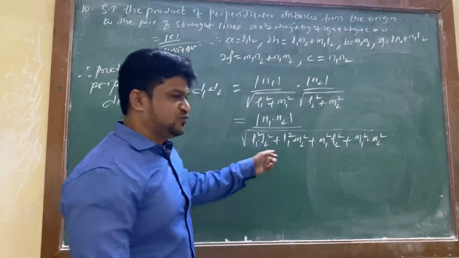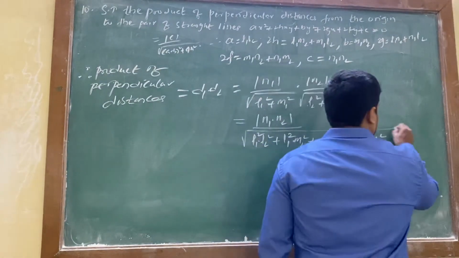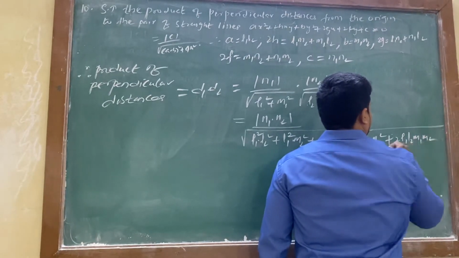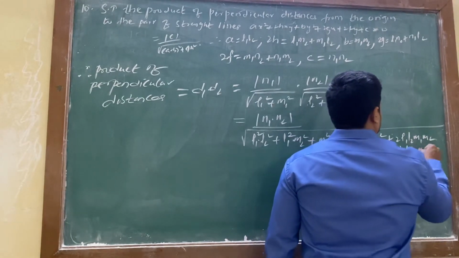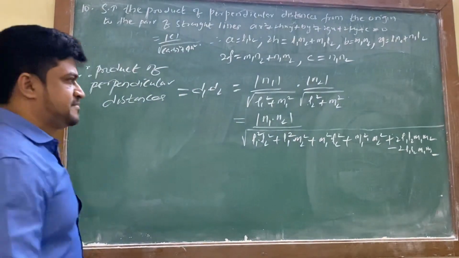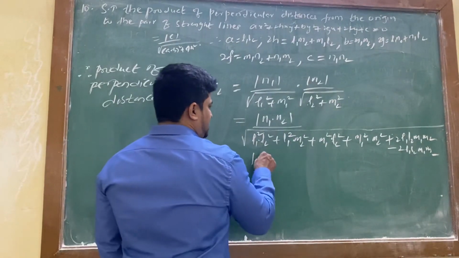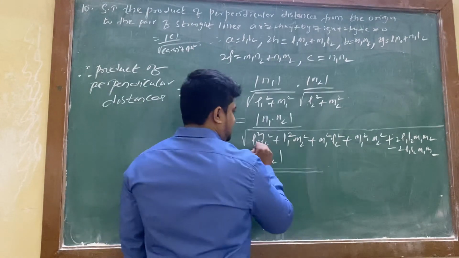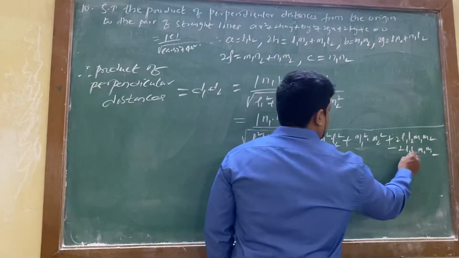Now when we have such four terms, what do we need to add? 2 L1 N2 M1 M2 and minus 2 L1 N2 M1 M2. Those who were present that day, they know this one. Then N1 N2 divided by root over, this is a square plus b square minus 2ab.